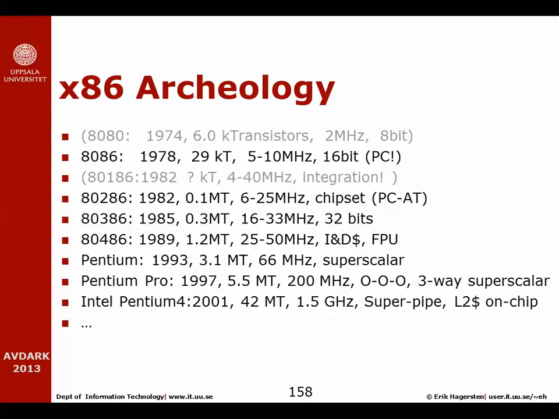So looking back at archaeology, the x86 has lots of relatives going all the way back to 1974. Back then, the 8080 controller was a 6,000 transistor, 2 megahertz, 8-bit design.